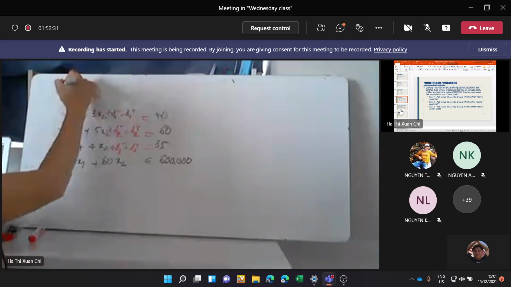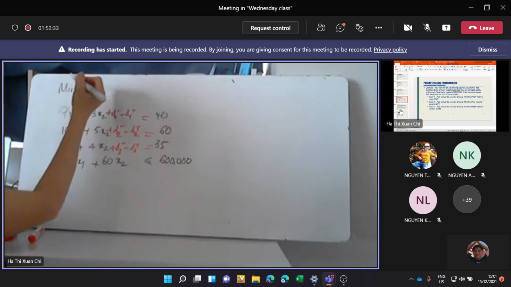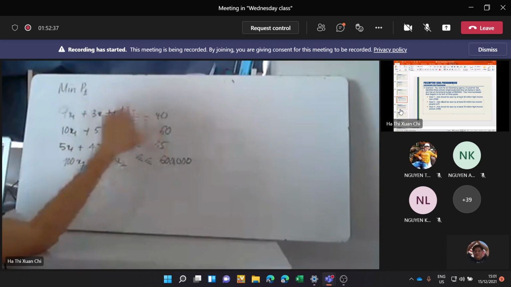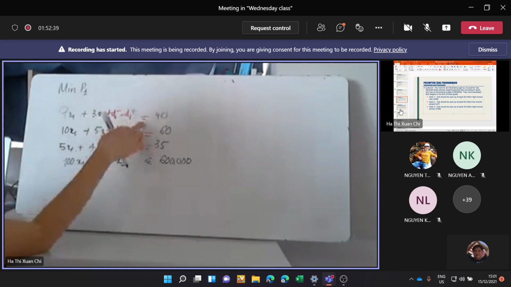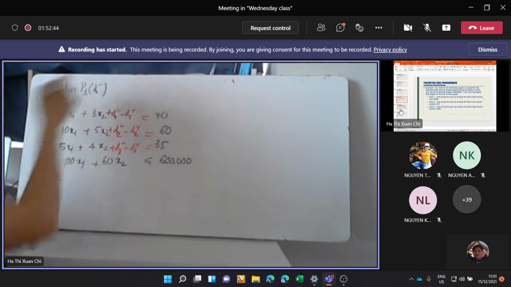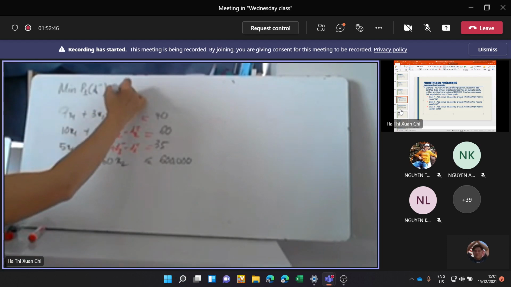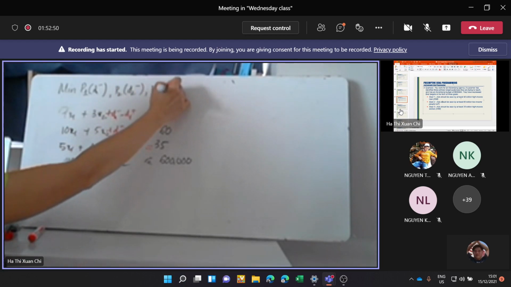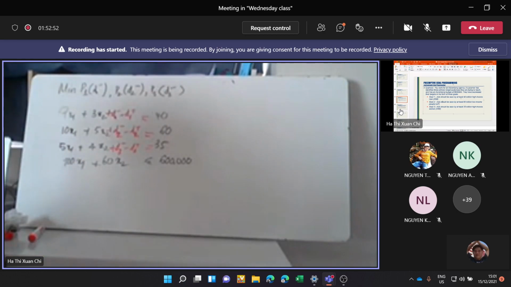Mean what? We have minimize priority 1. At least means greater than, so it is D1 minus, right? Here D2 minus, D3 minus. Is this clear, everyone?